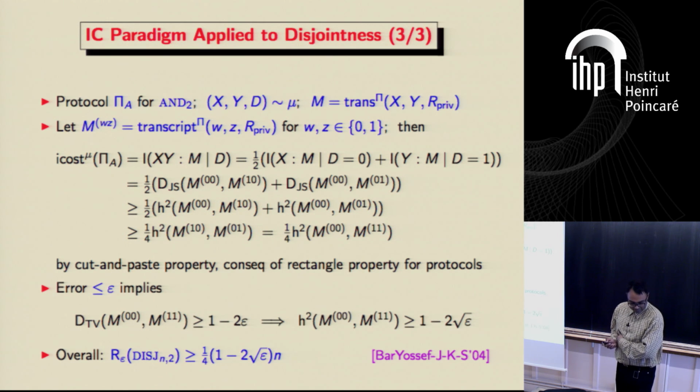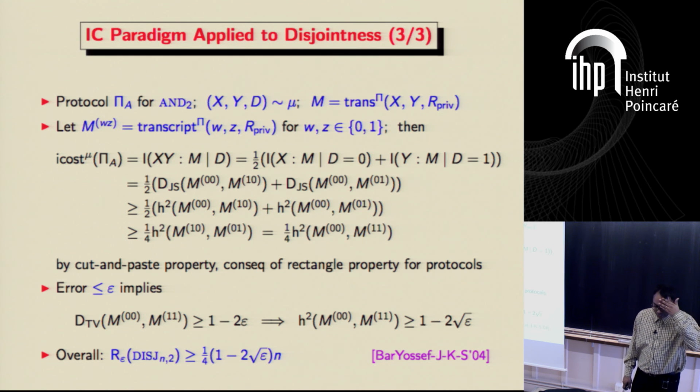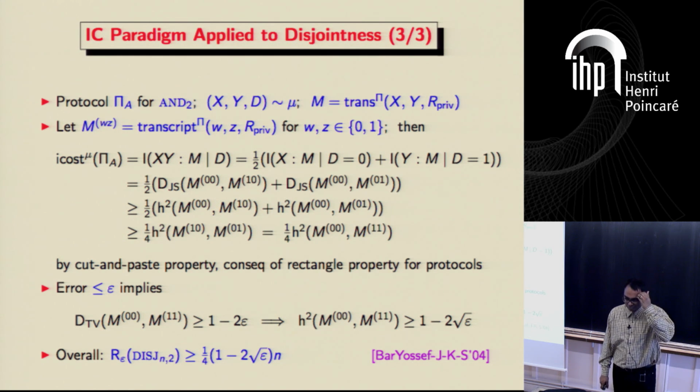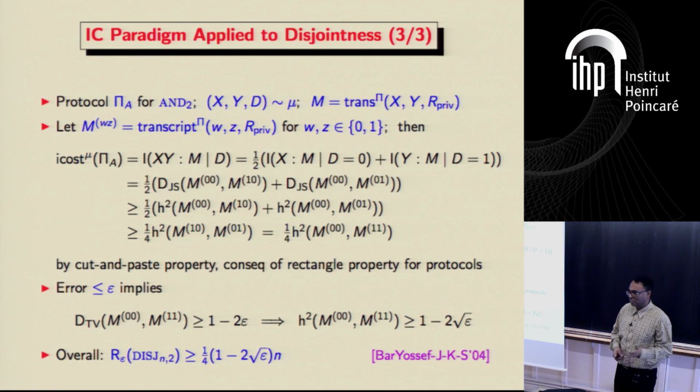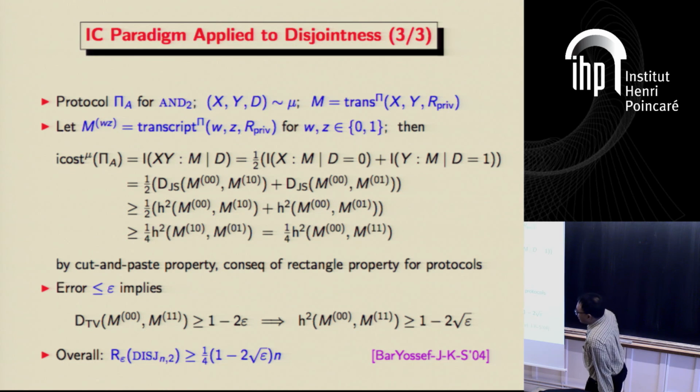So going back to this, if the error of the original protocol is at most epsilon, then the total variation distance between these 2 things must be at least 1 minus 2 epsilon. And then by yet another analytic inequality, this tells us the Hellinger distance must be at least 1 minus twice square root epsilon. There are all these analytic inequalities that I'm throwing at you without saying why they're true, but trust me, in each case it's just some function of one real variable; analyze it using whatever method you want and you get it.